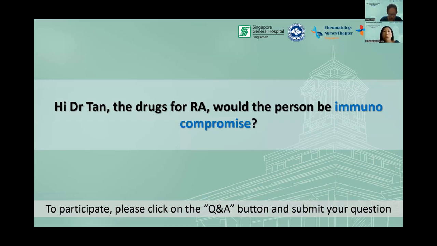Furthermore, there are steps that we can take to reduce the risk of infections when patients are on RA treatment, such as good lifestyle habits, eating cleanly cooked food, as well as making sure that you're up to date with your vaccinations. Thank you.